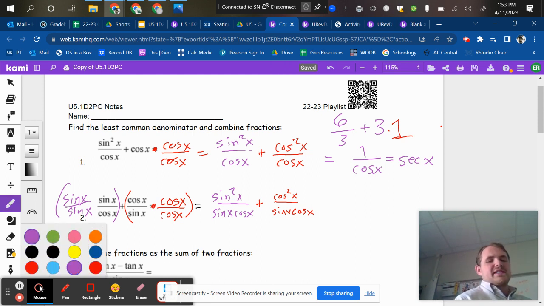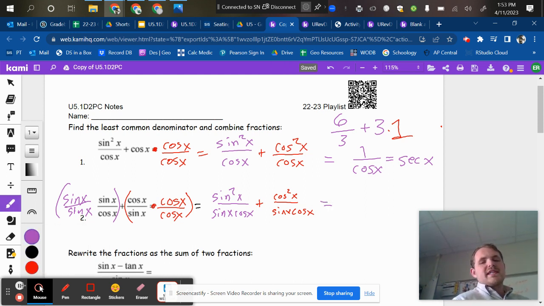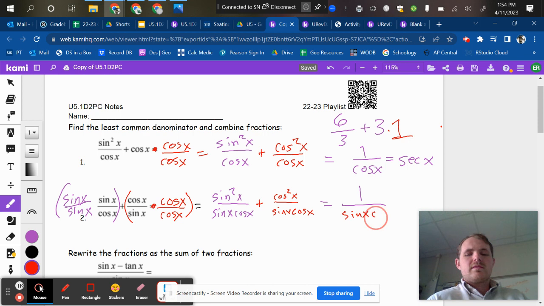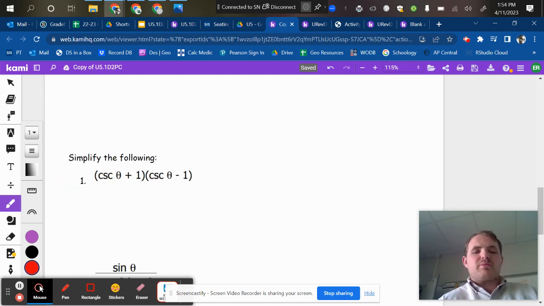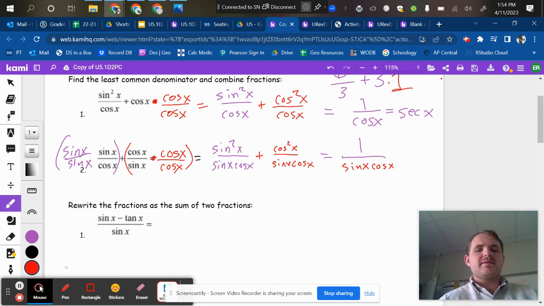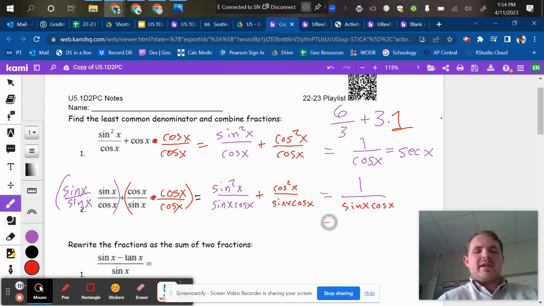What is sine squared plus cosine squared? Just a 1, okay? So you've got 1 over sine cosine, which again, I personally would rather have it in that form, but just so you're not thrown off later, final answer should probably be cosecant times secant.